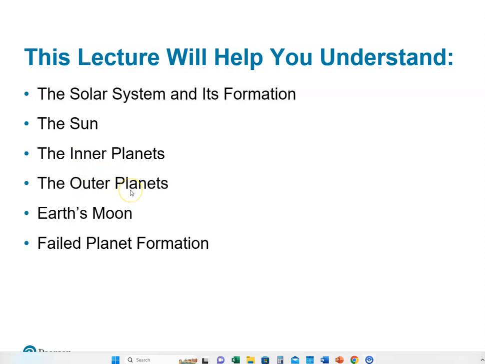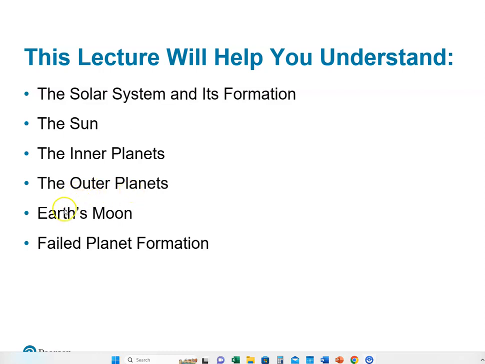The outer planets are known as the Jovian planets, or the gas giants. Jovian, because they are very similar to Jupiter, Jupiter, of course, being the largest planet in the entire solar system.